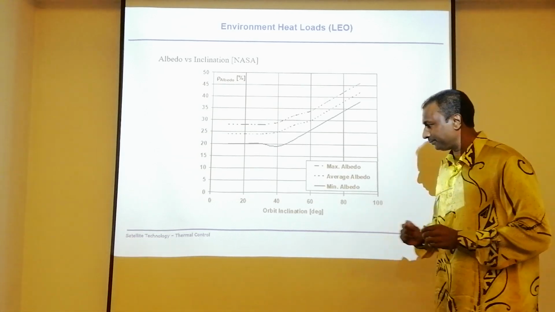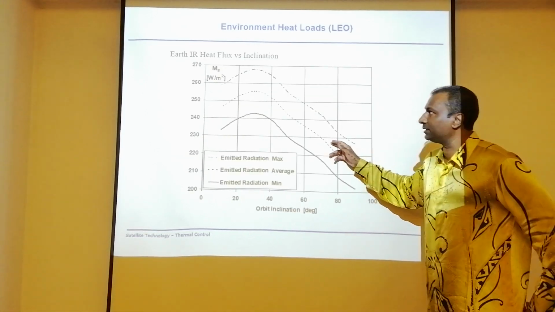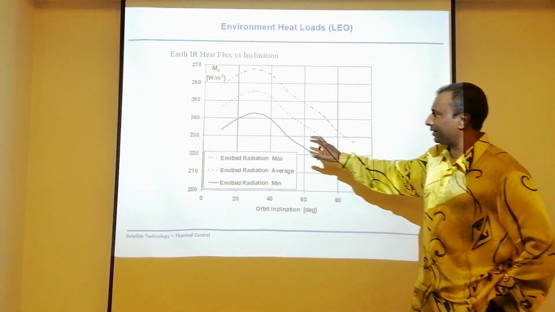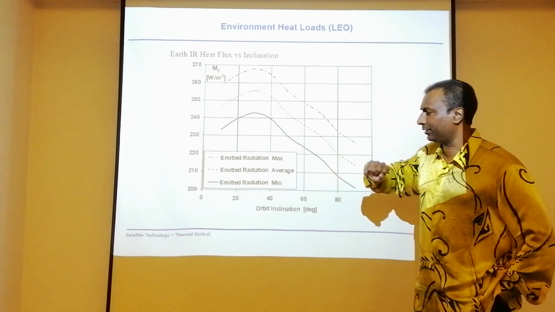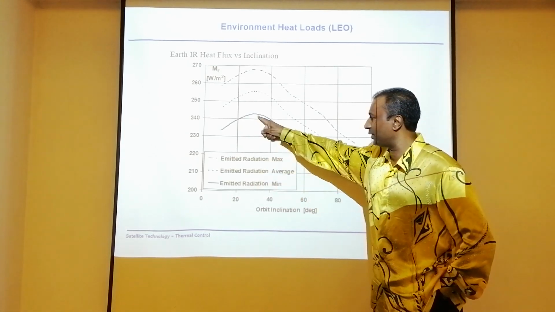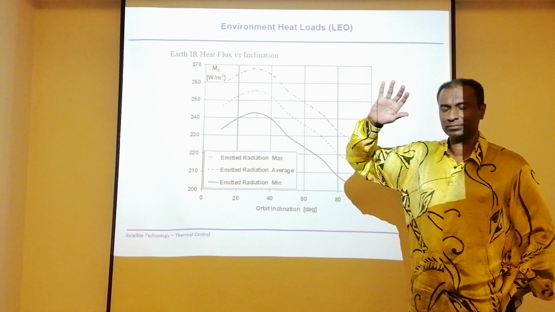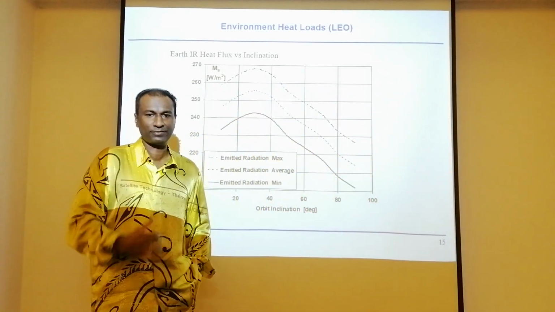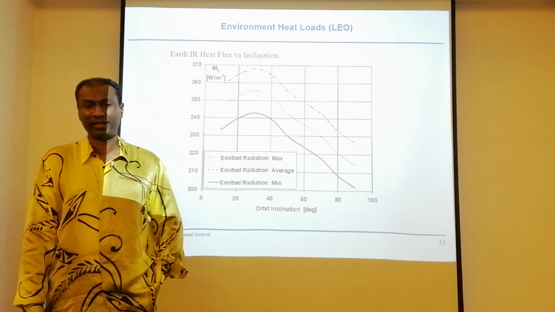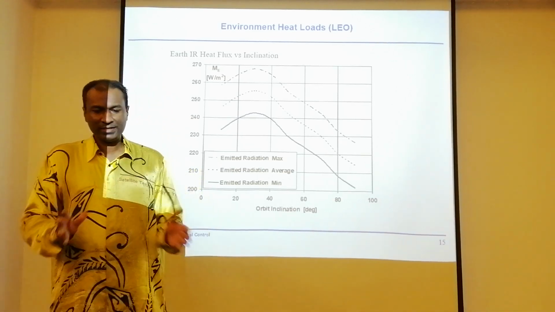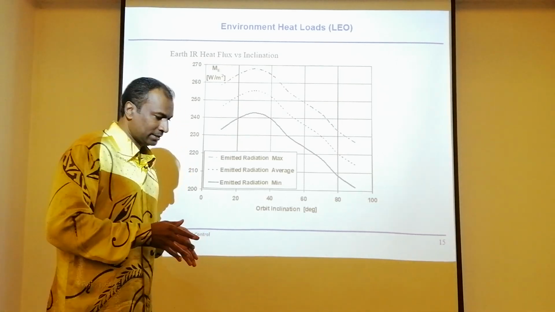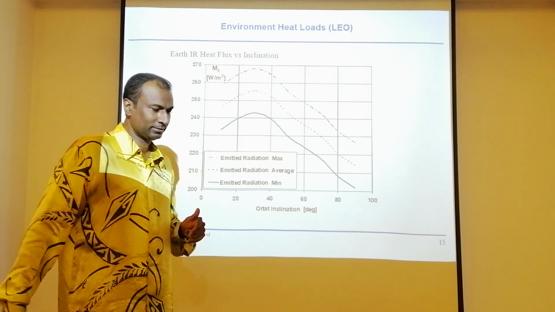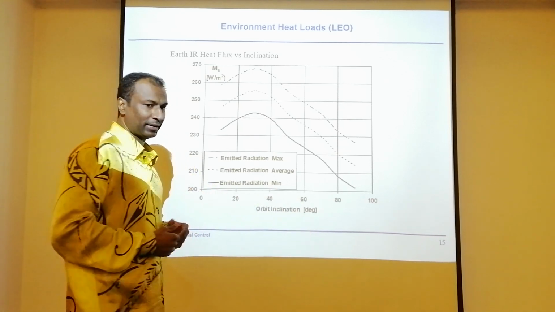Right? Okay. If you look at Earth infrared versus inclination, now this is different. If you look at 23.3 degrees, 23.4 degrees, it looks like we have a maximum Earth infrared effect. It is true. Why is that? Same condition. I'm here, elliptic plane, the sun is at the back, the satellite, and that is planet Earth.